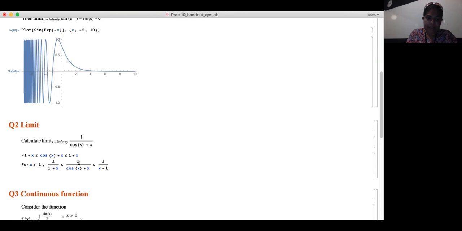You have this function in between 1 over 1 plus x and 1 over x minus 1. Okay, what sort of approach do you use? Anyone?